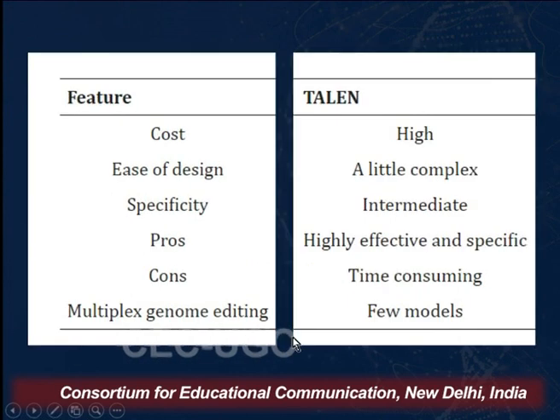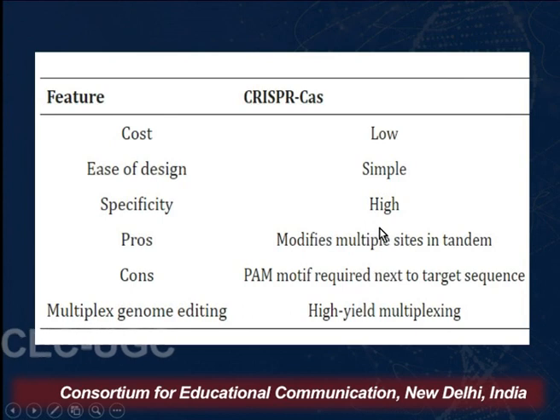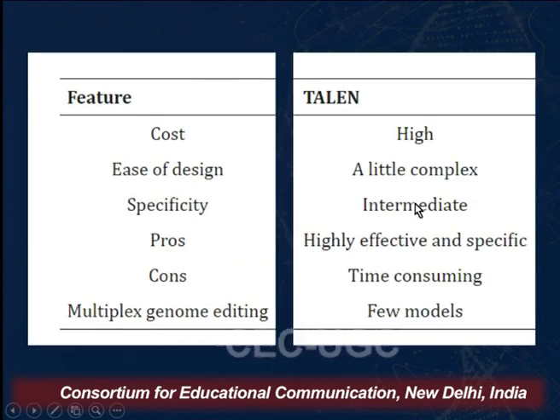So, I will show the other one as well. For example, for TALEN, the cost is again very high. It is not very complex, but it is a little complex mechanism to generate these TALENs. The specificity is intermediate. The Cas9 is very high, and the specificity in here is intermediate.